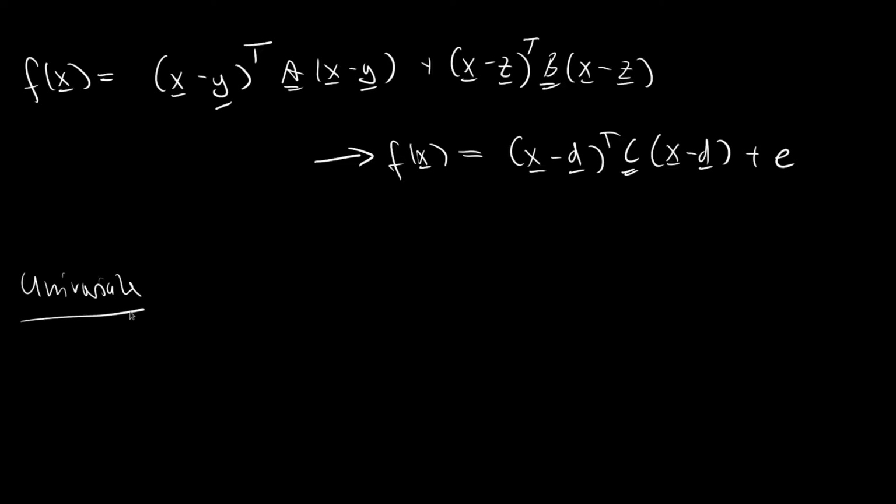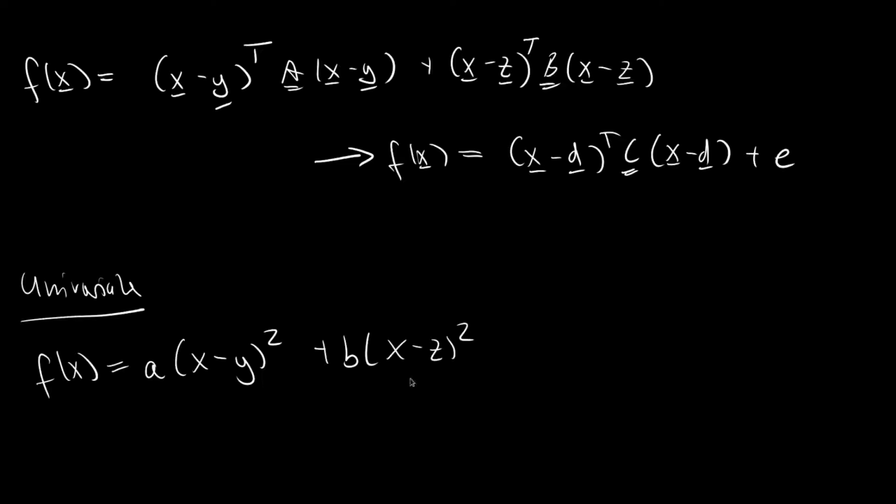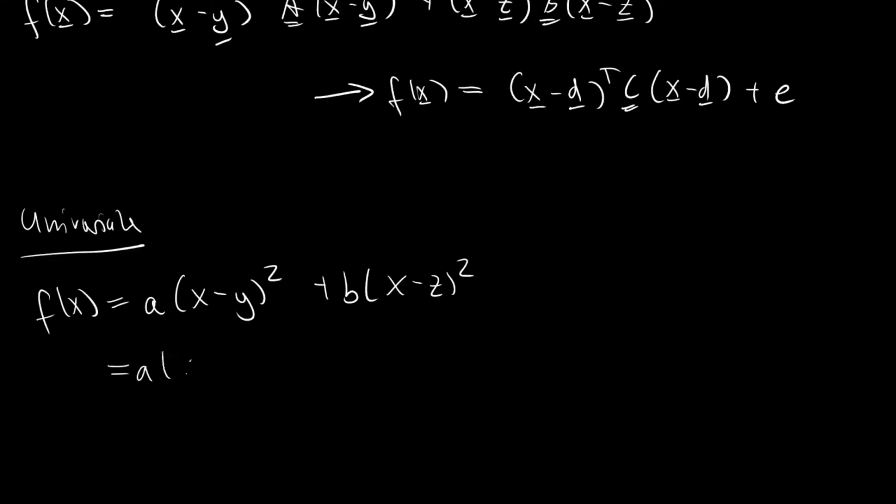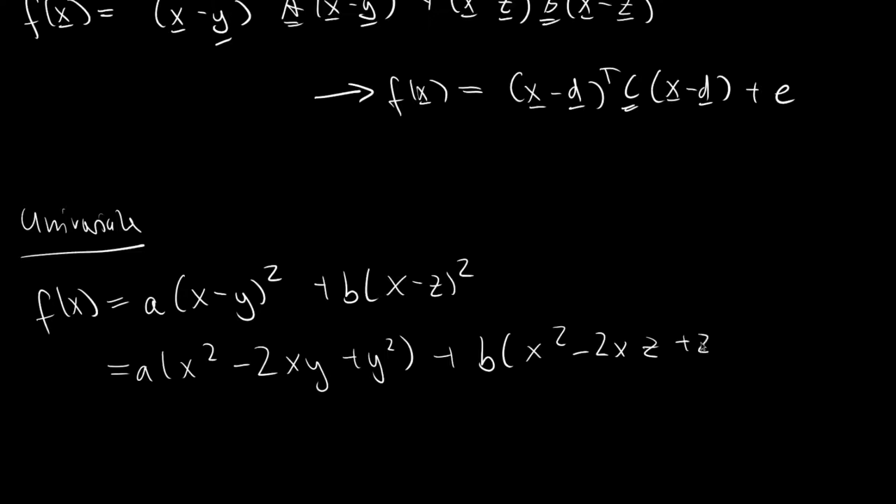In the univariate case, our quadratic function of x is given as a times in brackets x minus y squared plus b times in brackets x minus z squared. We will first start by evaluating the square on the two brackets, and then we're getting a times (x squared minus 2xy plus y squared) plus b times (x squared minus 2xz plus z squared).